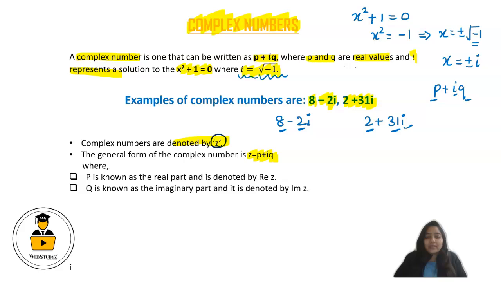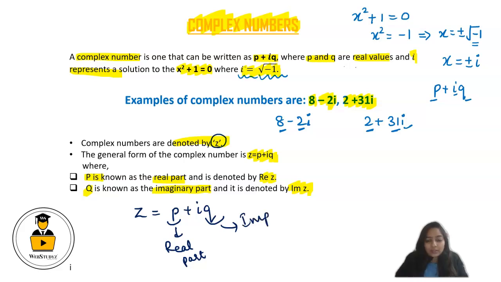As we see, we can write a complex number as p plus iota q and it is denoted by Z. Here p is known as the real part and it is denoted by Re Z, and q is known as the imaginary part and it is denoted by Im Z. So if we have a complex number Z is equal to p plus iota q, the number without iota, p, is known as the real part of Z, and the number with iota, q, is known as the imaginary part of Z.